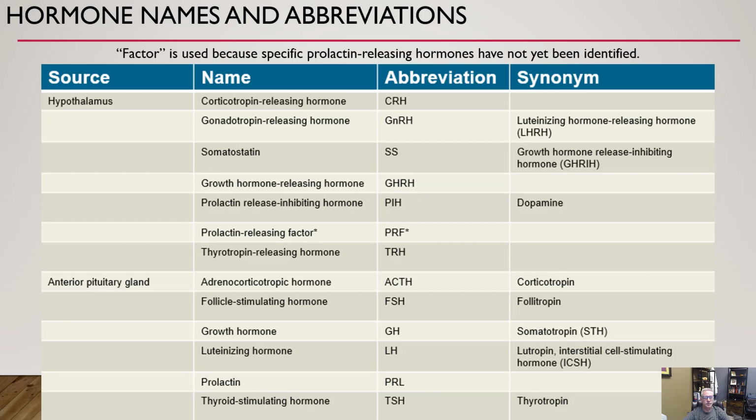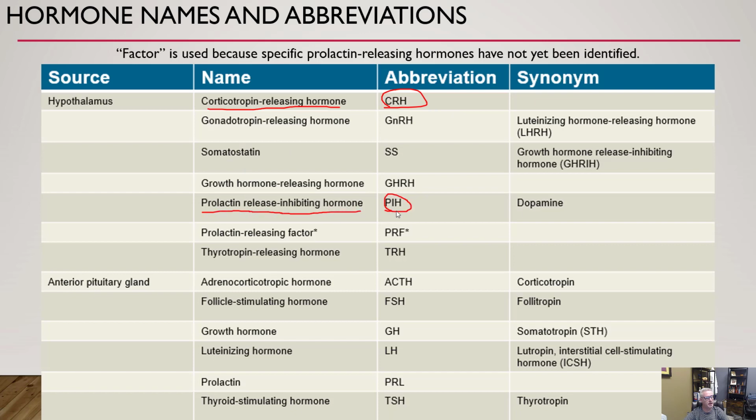All right, here are some different hormones that we'll be talking about. So sometimes you'll hear people talk about corticotropin releasing hormone. Sometimes you'll hear it abbreviated as CRH. Sometimes you'll hear prolactin releasing inhibiting hormone.